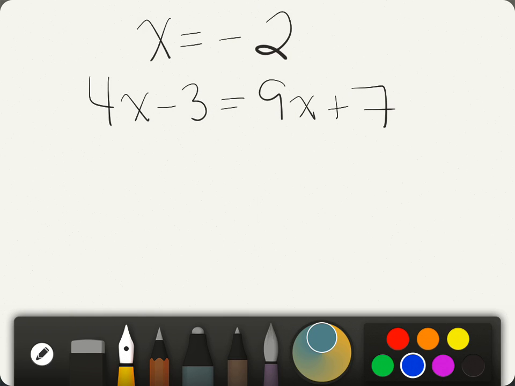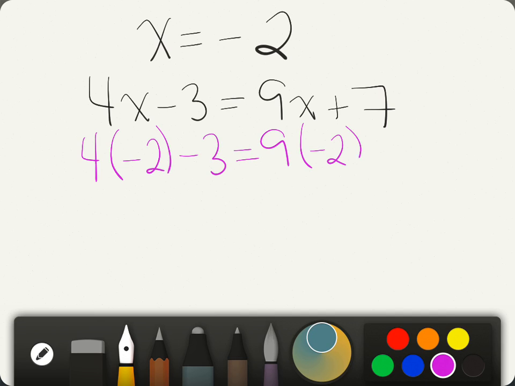Let's check our answer. If x is equal to negative 2, we're going to sub it into the original equation. 4, and I'm going to use brackets again because we have multiplication, equals 9 times negative 2 plus 7.